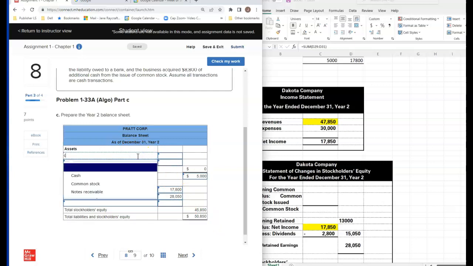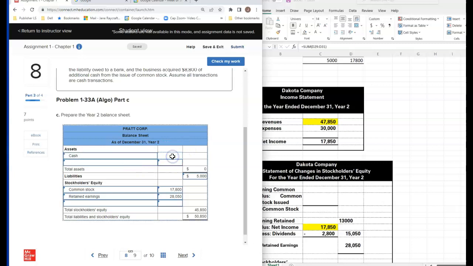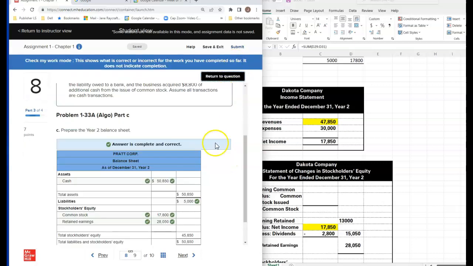So that's got to be what we have, the asset, which is cash. So our assets need to equal our liabilities plus equity. $50,850. What the heck is going on? All right. There we go.